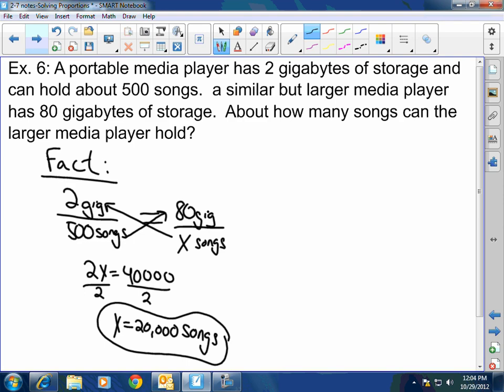Gigs or songs? You guys got to tell me specifically. But this is nothing new. We have been talking about placing units since day one, correct? So this is nothing new. Does that make sense, my brothers? Awesome. We're going to have one more example, and then we'll hit the board and you guys will do a bunch of examples together.